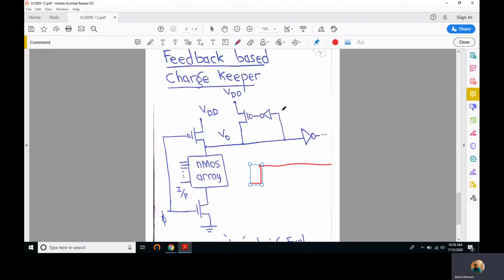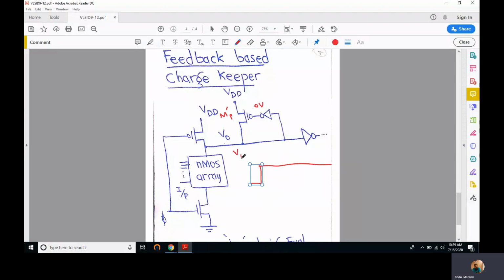This VDD is fed here, and it converts to 0 volts here at the ground. And when this 0 volts is applied at the gate of this MP prime, we get a VDD here.